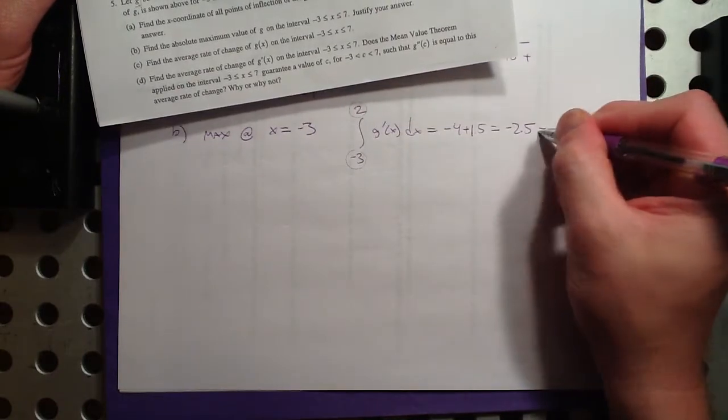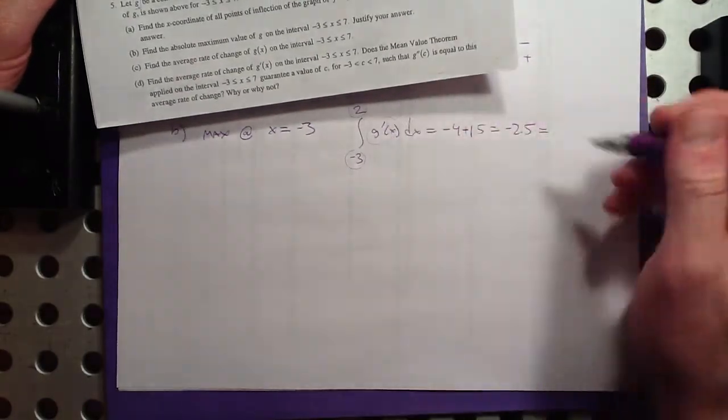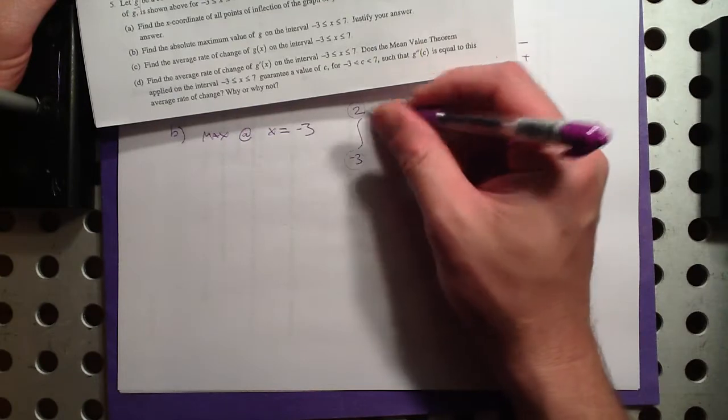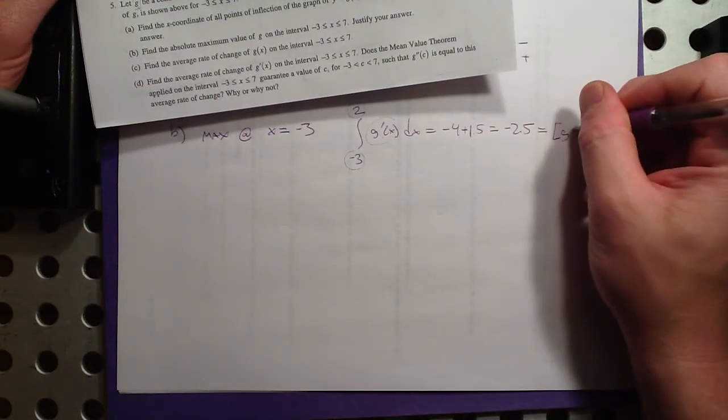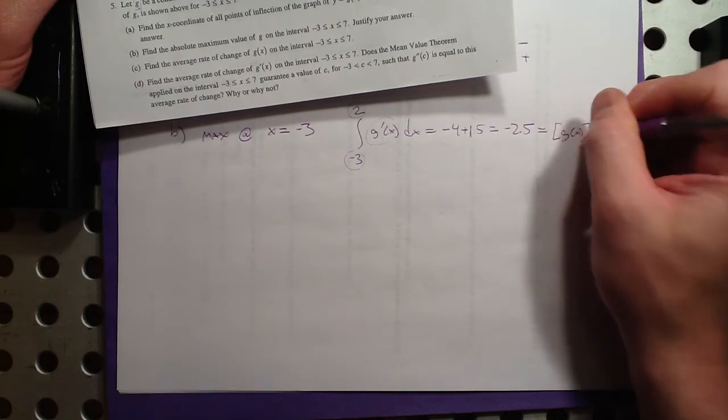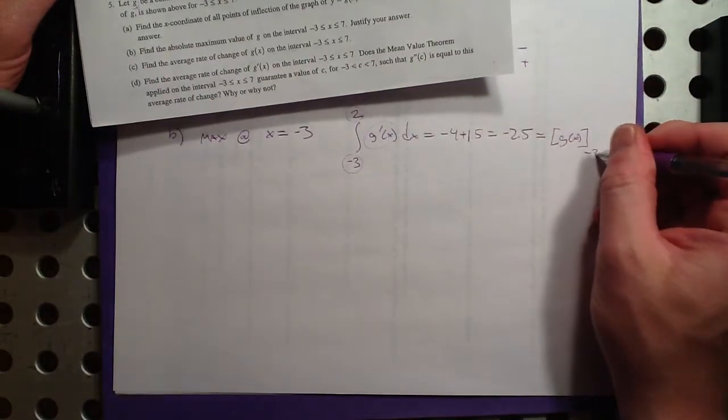And that would be equal to the antiderivative of this. That's g of x. So that would be g of x from -3 to 2.